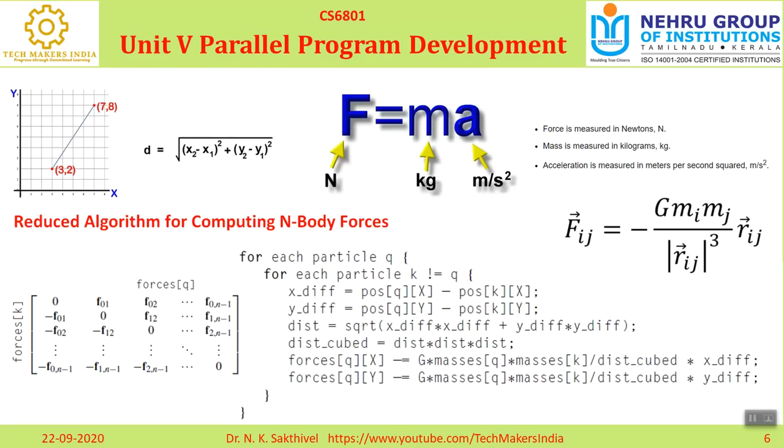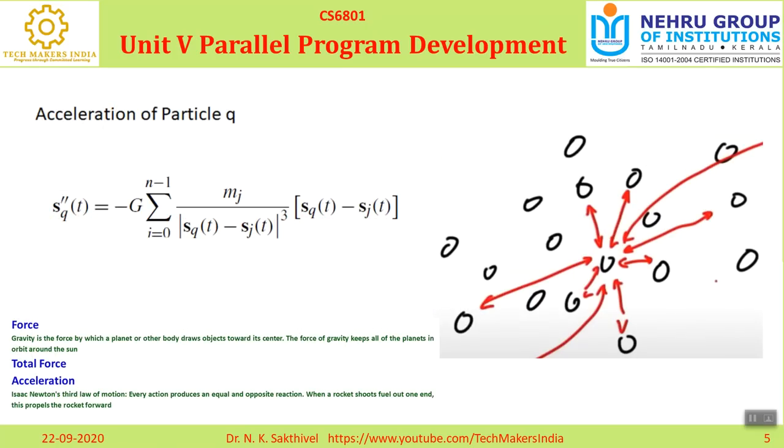Now see here, this is the positive force and this is the negative force. Why I am telling like this, it is a very simple concept. As far as this particle is concerned, it is attracting, and as far as the other particle is concerned, it is repelling. But the force is the same. Let us consider 10.